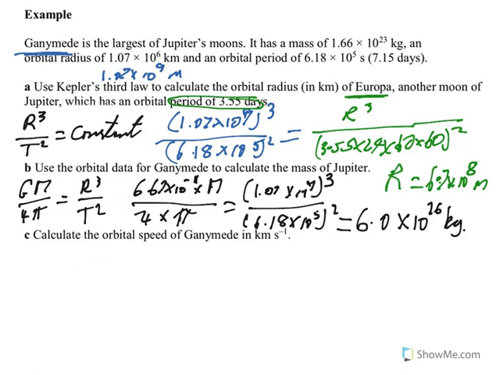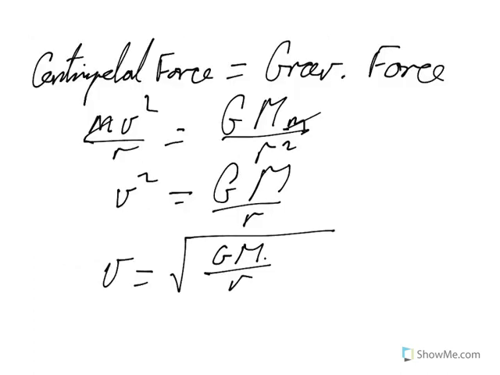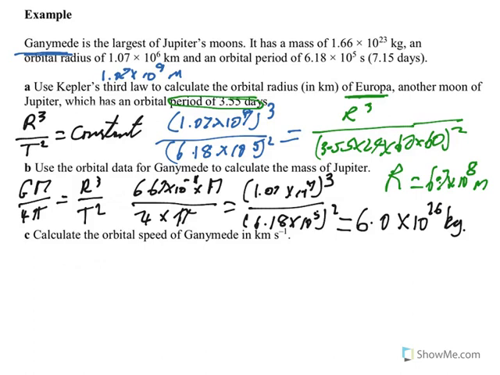Alright. Calculate the orbital speed. Alright, well, there's a few different ways that we can do the orbital speed. Big G, big M on R would be one of those, the square root of, so let's have a look at that.